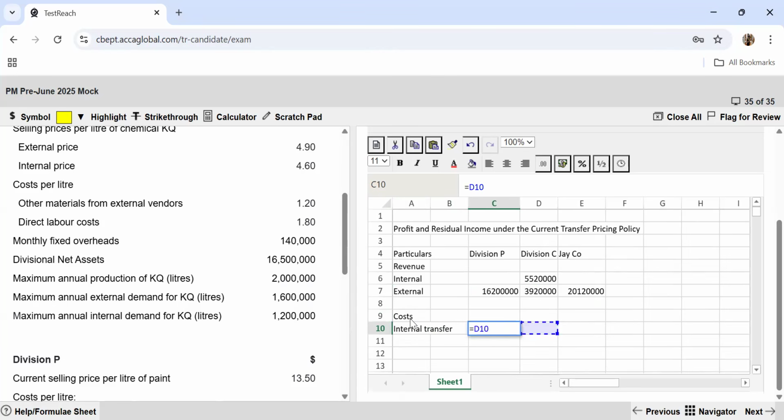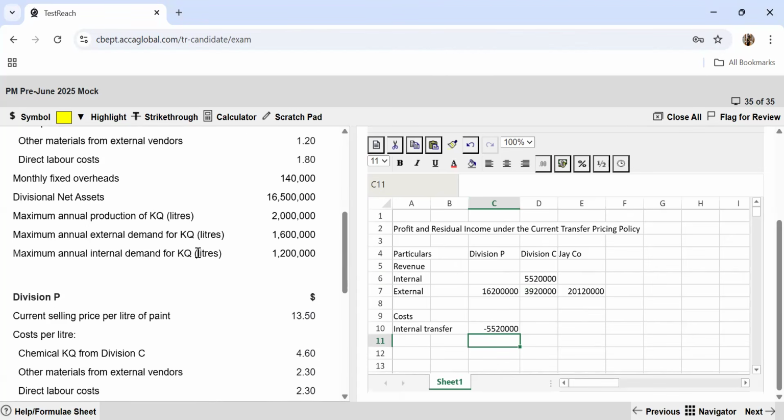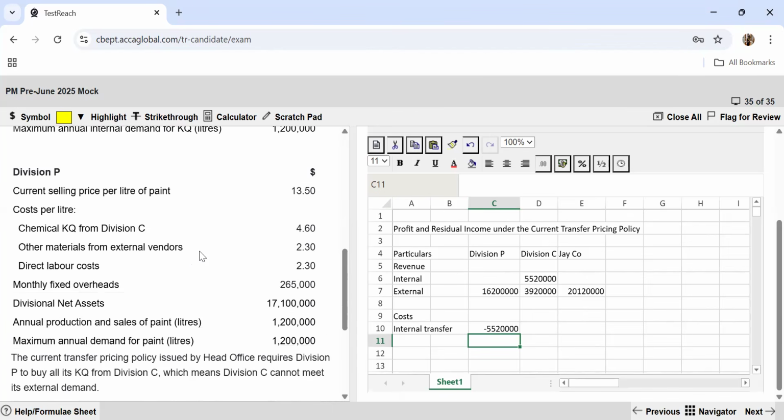Division P has paid up this much cost. So this is the internal transfer which J company has actually paid for. Now, since we are showing costs here, we can start putting negative signs. Then the next thing that we are going to do is go division-wise. So for division P, I see that they are incurring other materials from external vendors.